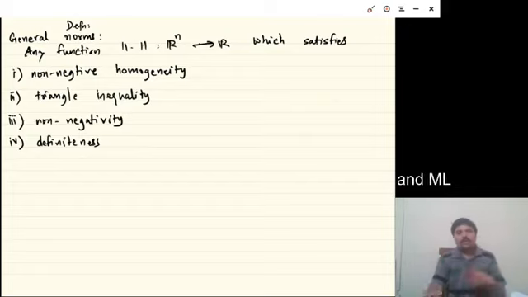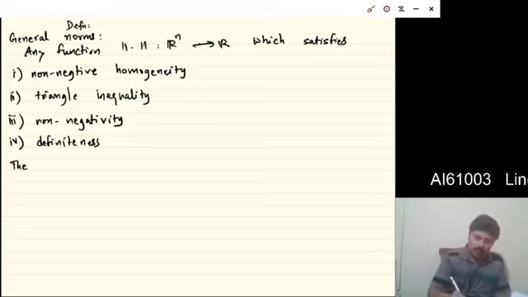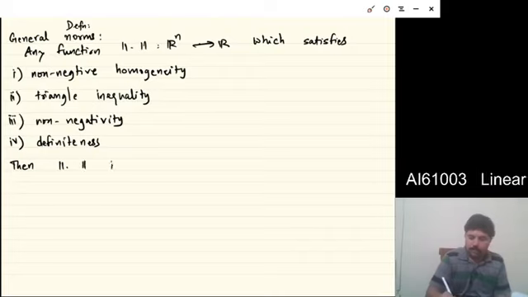So if you can find any function from Rn to R which satisfies all these properties, then that function is called a norm.